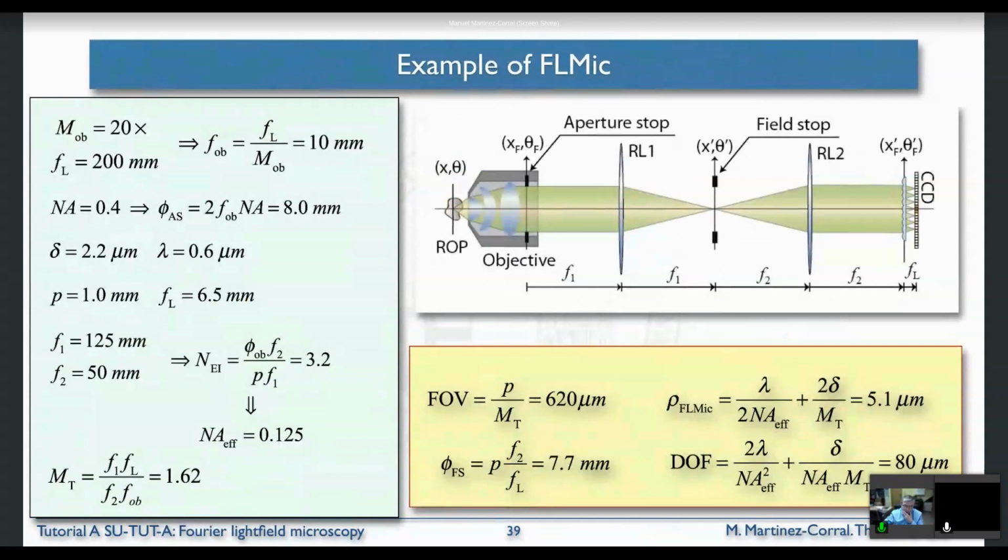And we make some numbers. For example, this is the microscope we are working with. This is 20x, 0.5. So we can calculate the focal length of the objective. We can calculate the diameter of the aperture stop. This is the sensor we are using.